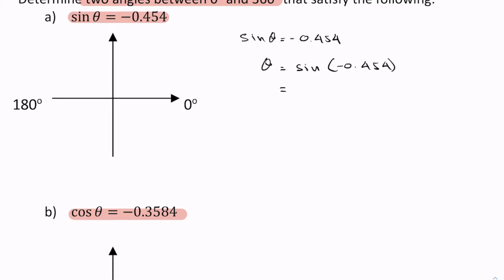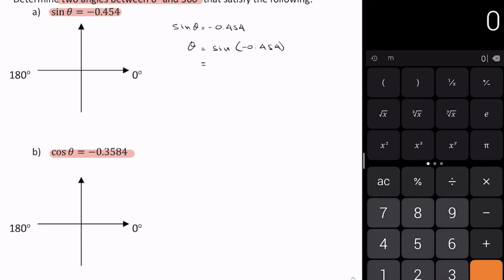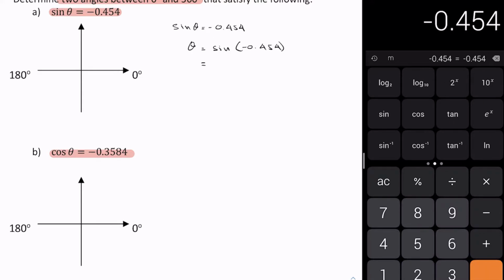Let's pull up our calculator here, clear it, negative 0.454, and do sine inverse. That'll give us negative 27 degrees.